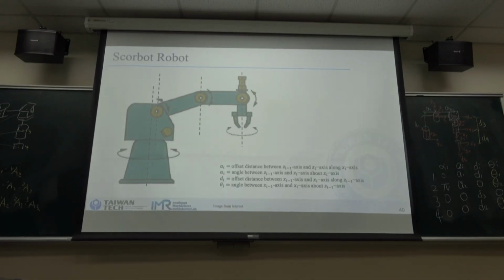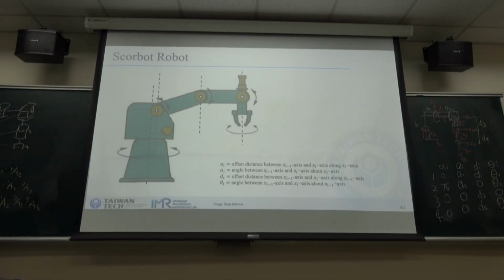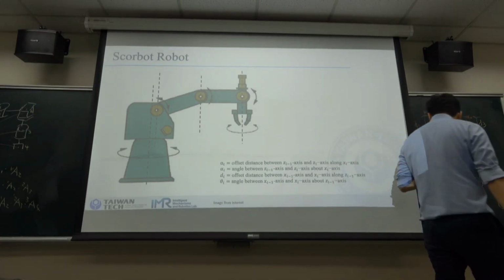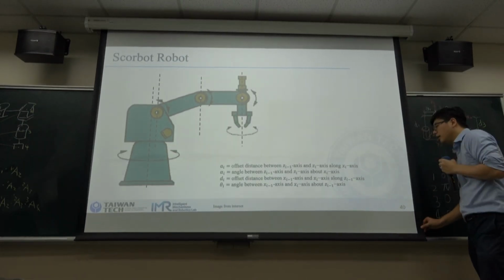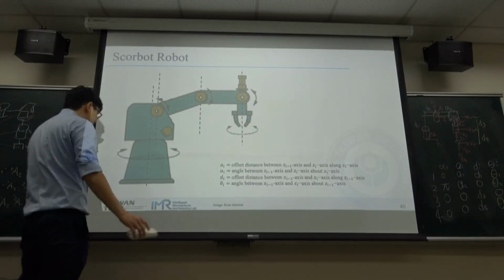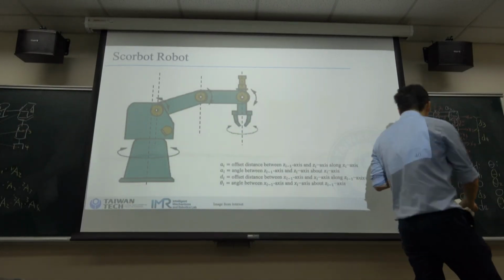And there's another example. This one is a SCARA robot, just as you have seen in the image of this robot. We can have a very fast try.